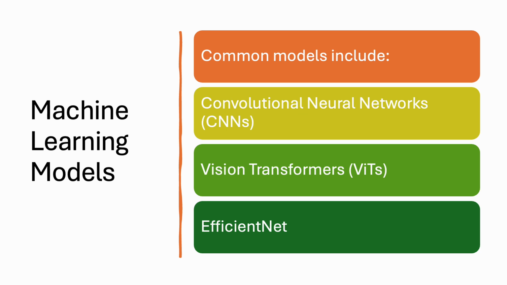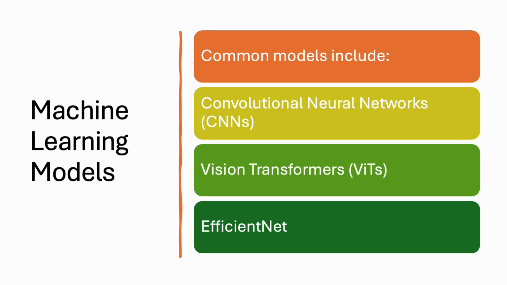The second type of most commonly used image classification models is vision transformers. Unlike CNN, vision transformers use the self-attention mechanism from transformers to analyze images. They divide images into patches and process them similar to the words in natural language processing. Vision transformers have outperformed CNN in some cases, especially in large datasets.